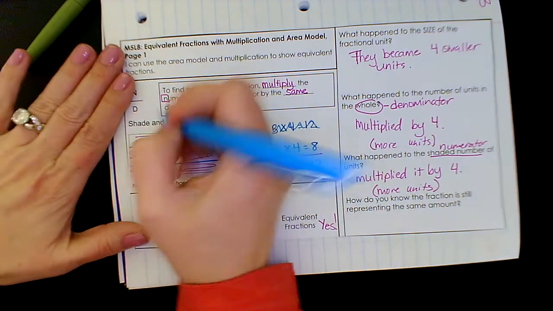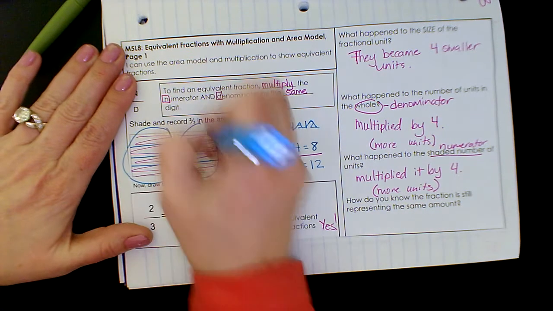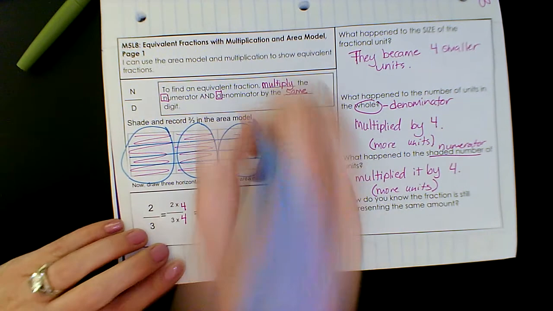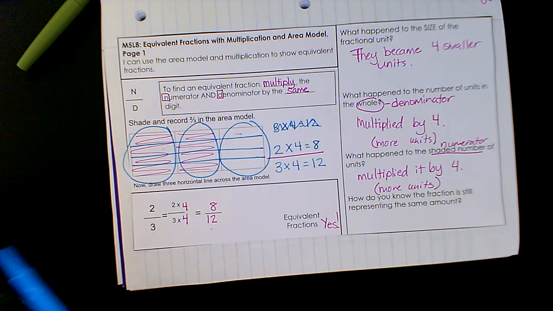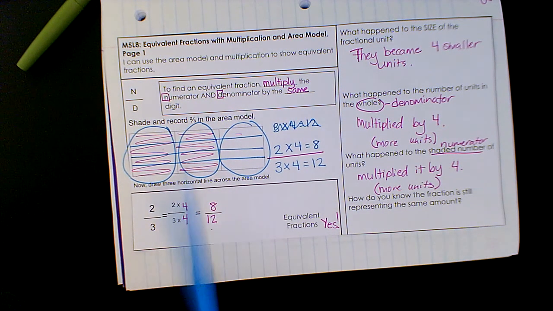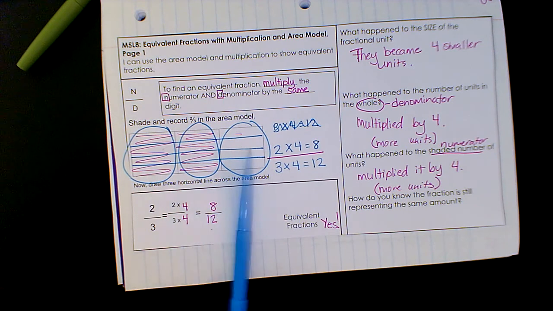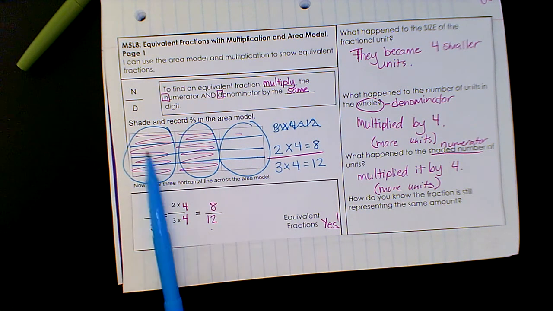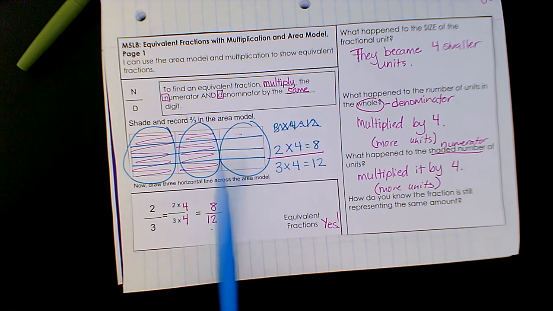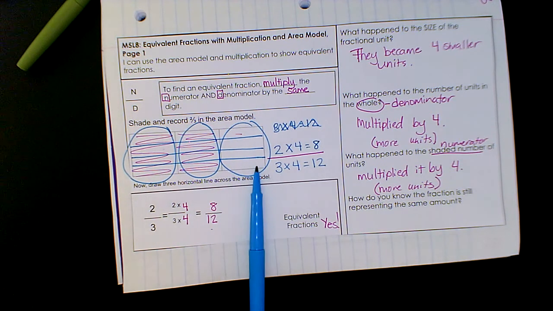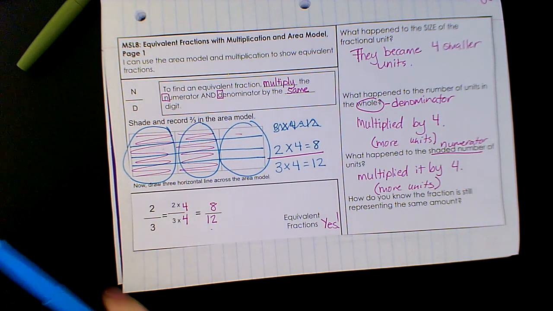Because before, here was my 2/3, right? This was into 3, 2/3, right? That was my original problem. But we divided it by 4, right? To make more units, okay? And my units became 8/12.